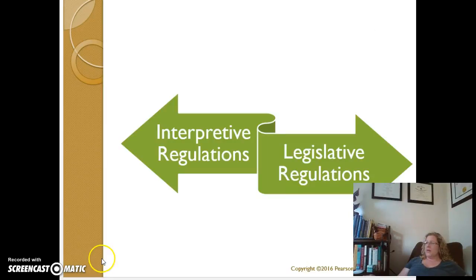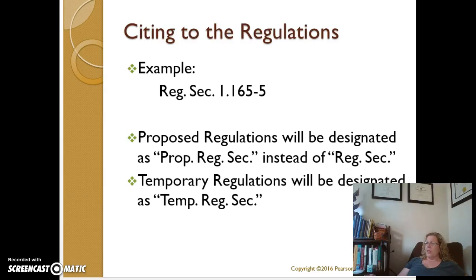And then next we have interpretive regulations and legislative regulations. So for example, on citing regulations, here's your example, Regulation Section 1.165-5. The proposed regulation will be designated as Proposed Regulation Section instead of Regulation Section.